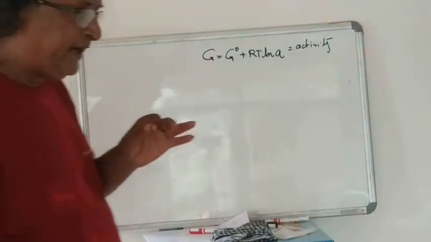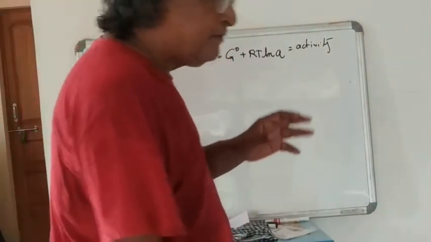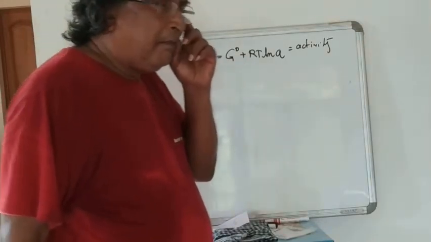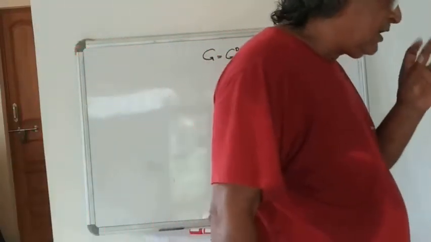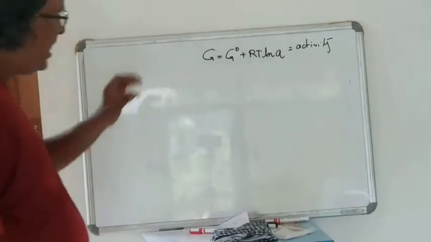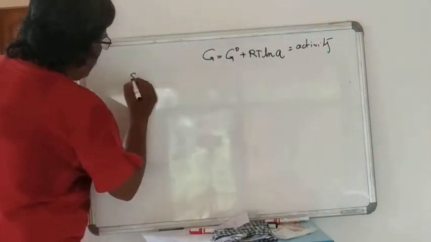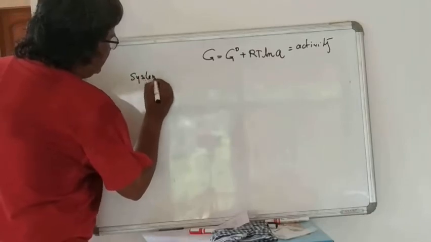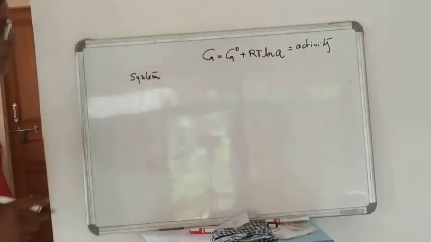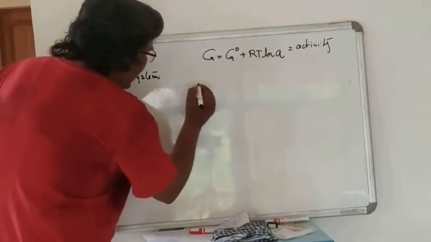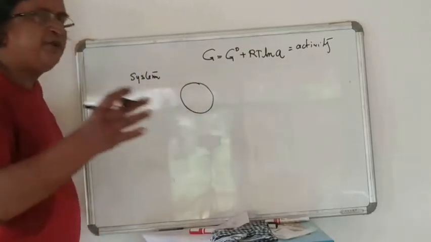You must be knowing that normally there are several things. I think before this I shall introduce you to system. One is called the system, a thermodynamic system. What is a system? System is a part of the universe which you can choose at will.